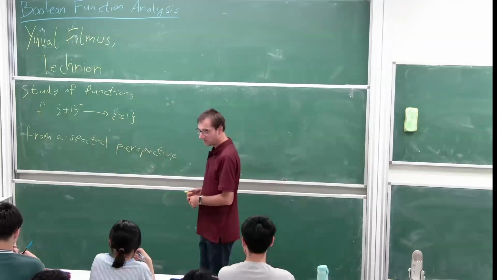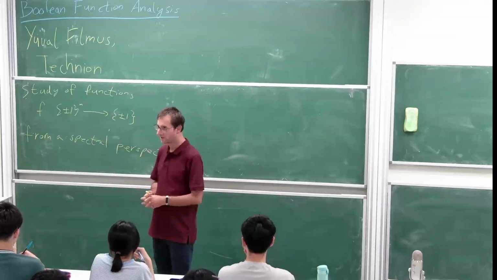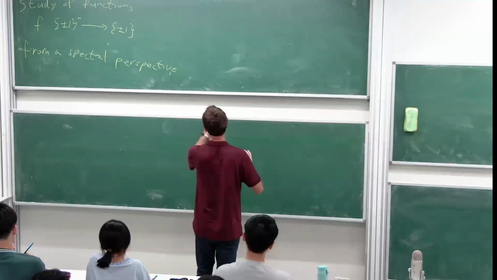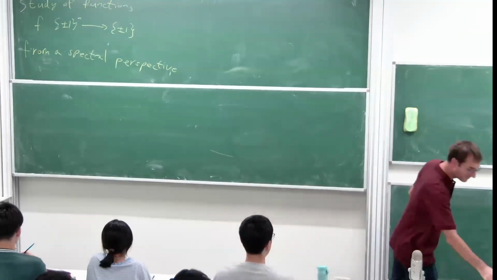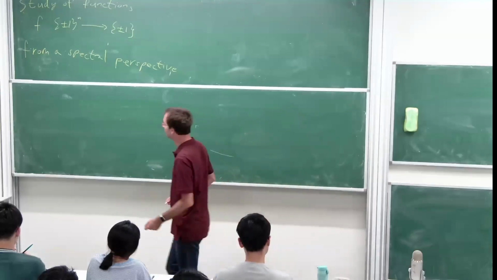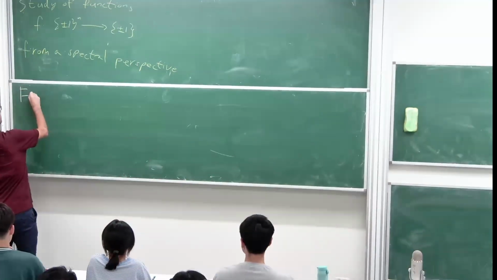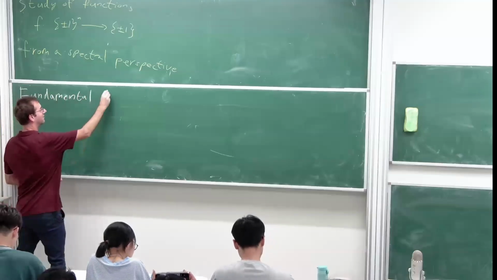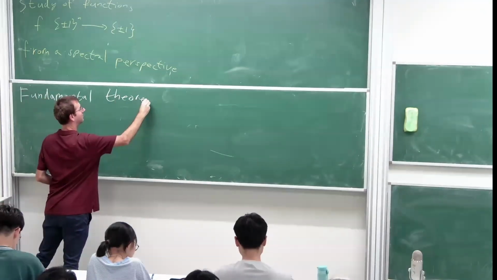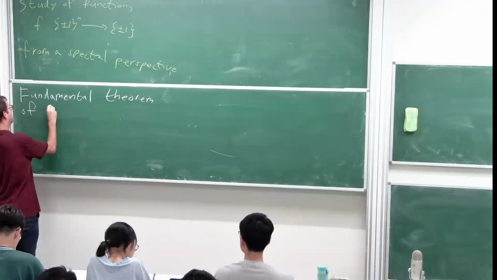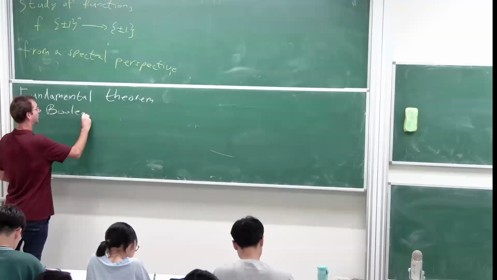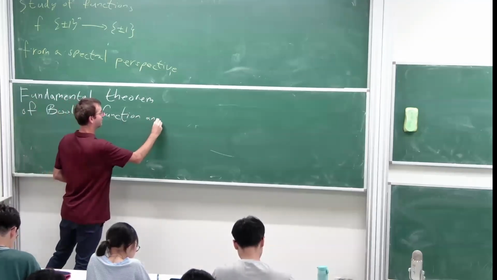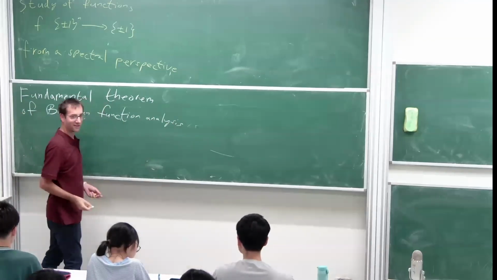Okay, so our starting point will be the fundamental theorem of Boolean function analysis. If you look it up on Google, I'm not sure you'll find anything because it's a name I invented.